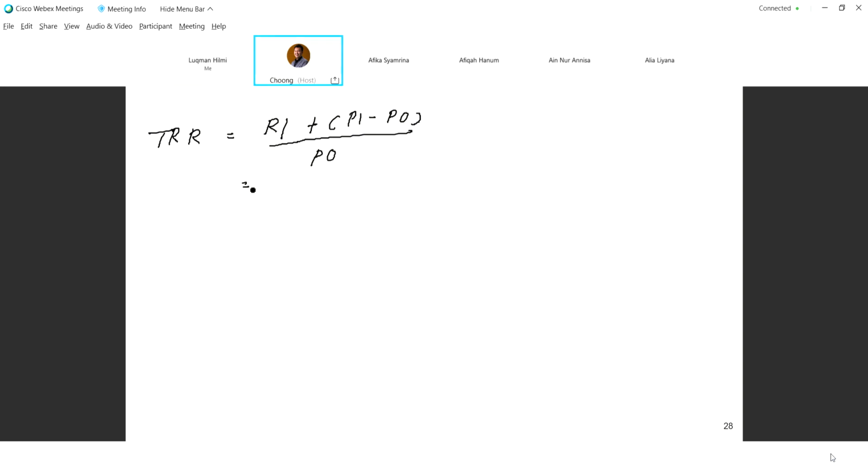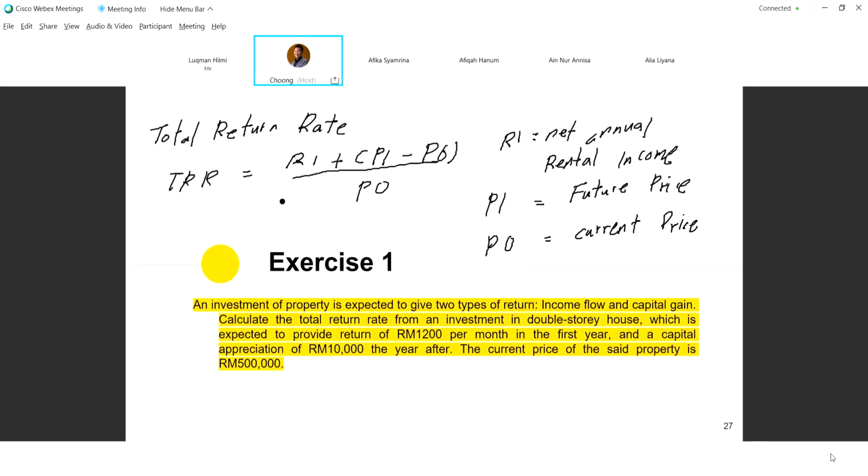So in this case, we try to fill in the blanks first. What is your income flow? The total return from investments, a double storey house expected to return 1,200 per month. So this is R1, but you need to times 12 because this is only per month.